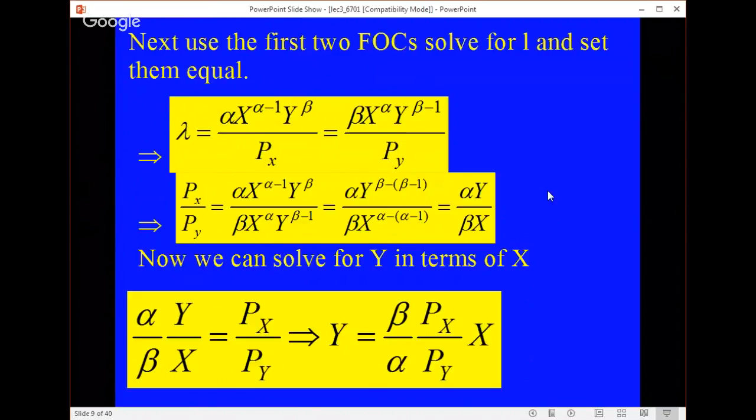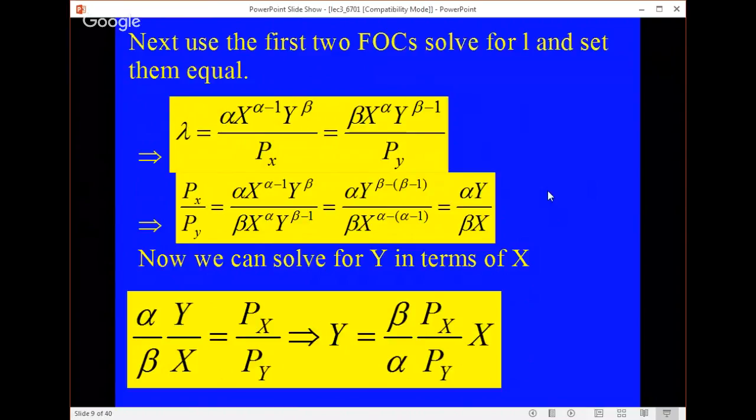Questions? Okay. So now I have y in terms of x. But I want y in terms of non-random variables. In other words, I want to get rid of that.